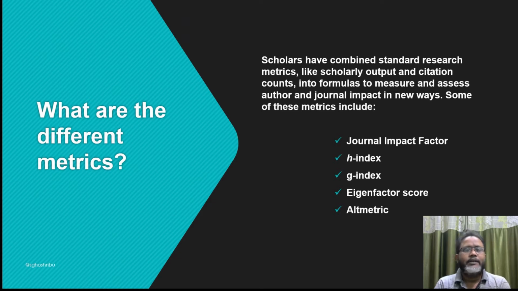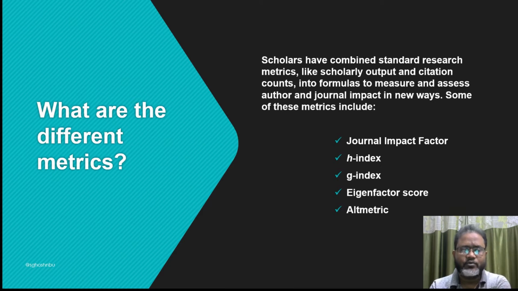Now, what are the different types of metrics we have right now? Scholars have combined standard research metrics, like scholarly outputs and citation counts, into formulas to measure and assess author and journal impact in new ways. So for author impact, who is the most prolific author in a particular discipline, who is rank 1 in a particular subject?